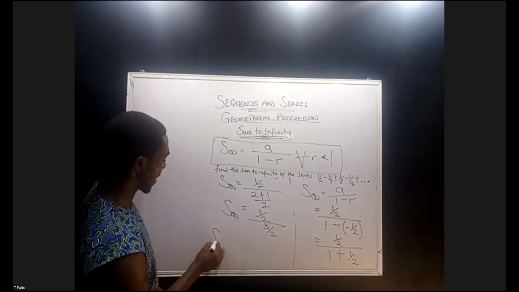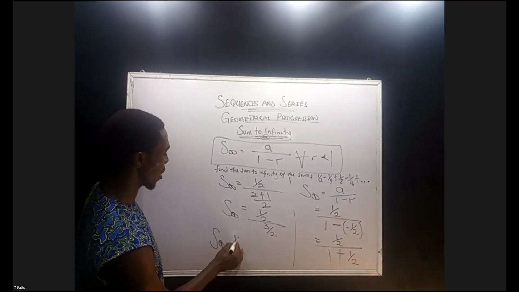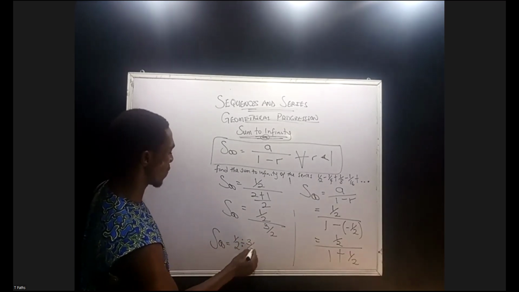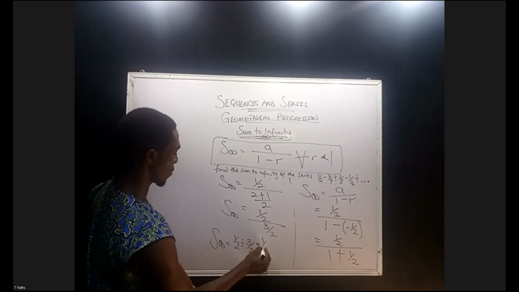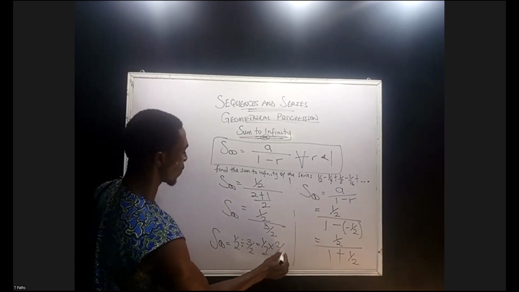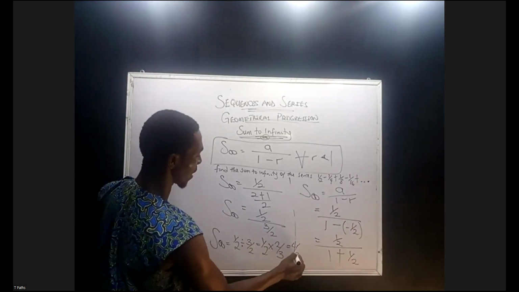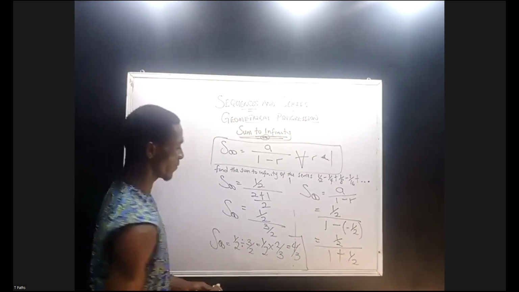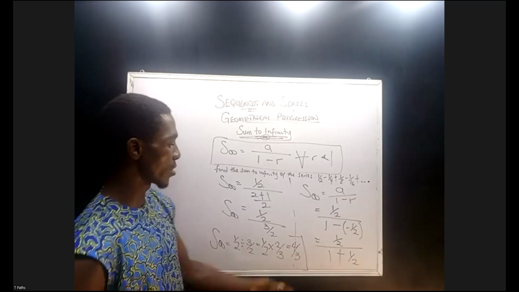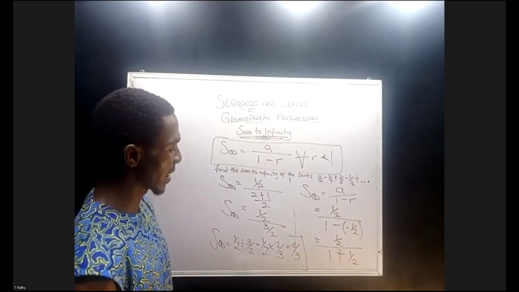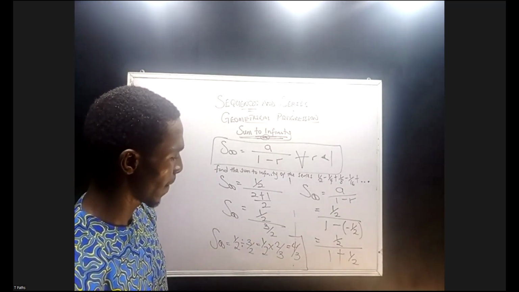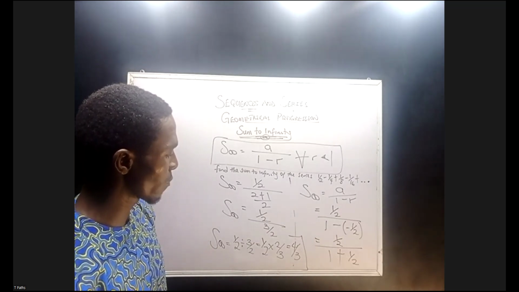Then here I can say sum to infinity equals 1 over 2 divided by 3 over 2, which is also the same as 1 over 2 times 2 over 3. And our final answer ends up giving us 4 over 3. So that is the sum to infinity that the question is asking us to look for. Is that clear, class? Any questions so far?